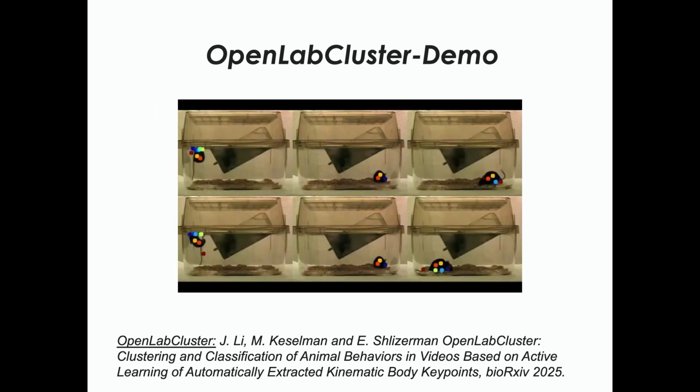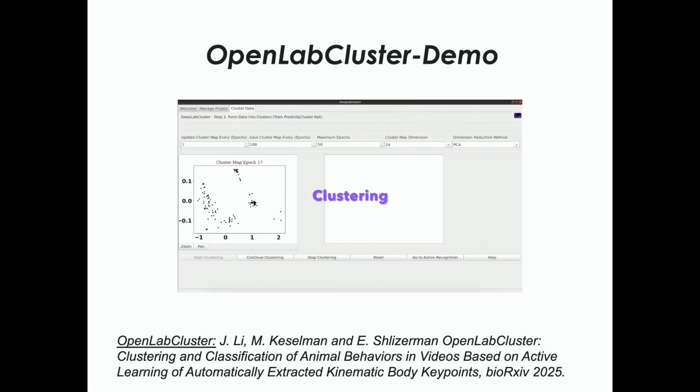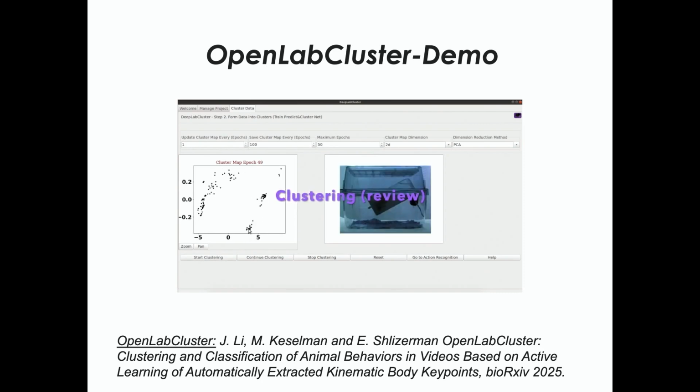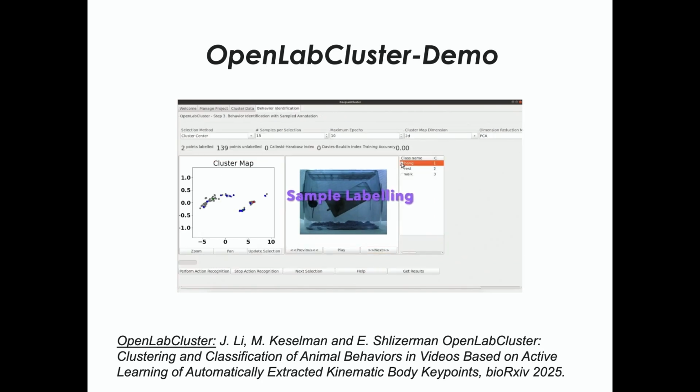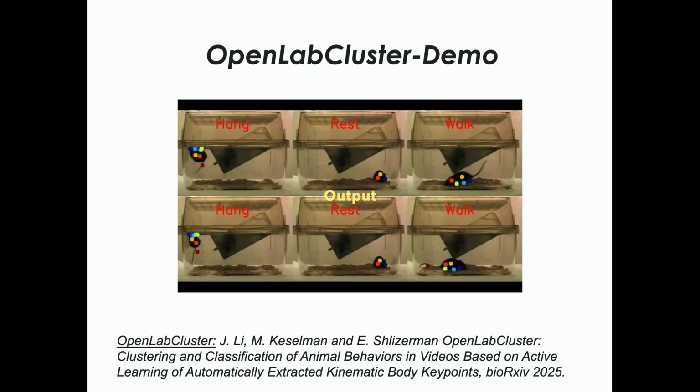It's called OpenLabCluster, and you are welcome to use the tool, which basically, if you give it some videos and also recordings, so tracked points, it will first provide the baseline latent representation, and then will help the user to pick several points to label, and eventually to enhance the representation.